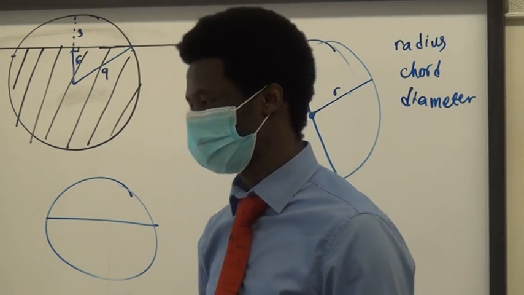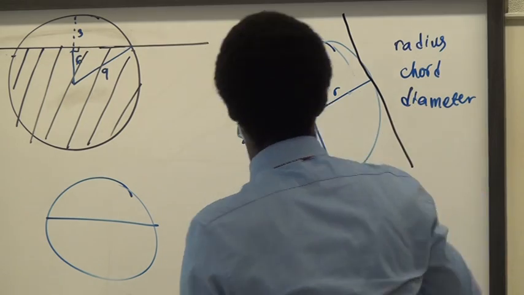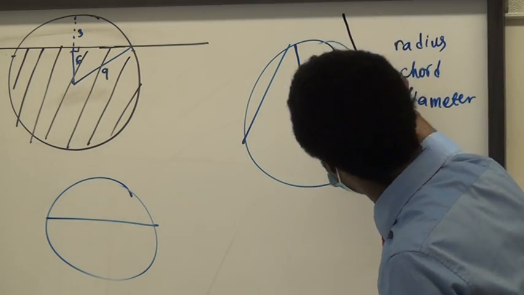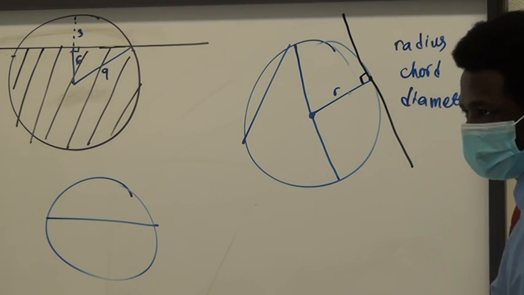Does that make sense? Now, then I always try to remind people of a tangent. It's a line drawn outside a circle to touch at a point and perpendicular to the radius. You must have done some theorems in circle geometry.